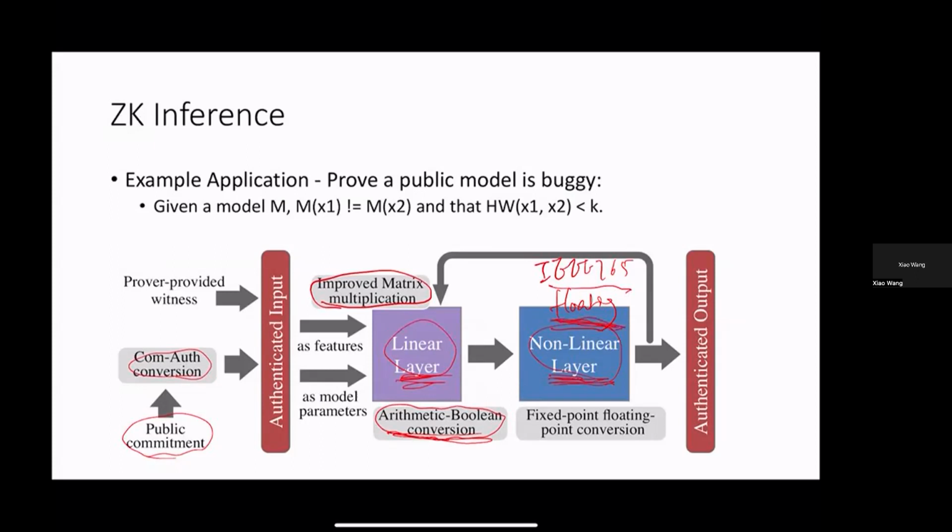Floating point numbers don't have algebraic structure. They are specially designed for hardware in some sense. So we need to represent all of the floating point operations in Boolean circuits. All the floating point operations in the nonlinear layers are represented as a Boolean circuit.